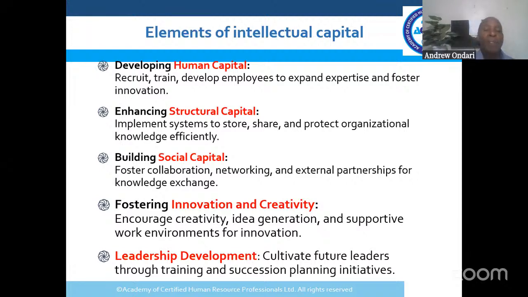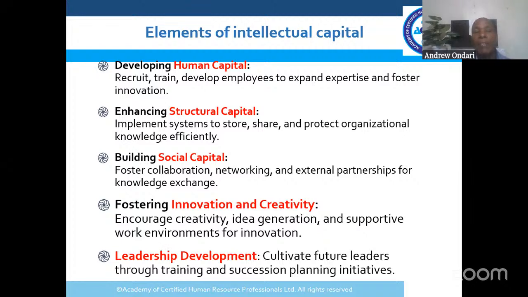The first one is human capital, which involves the skills, the knowledge, the experiences, and the abilities. So how do we nurture and develop this? It is through recruitment, through training, and through development.